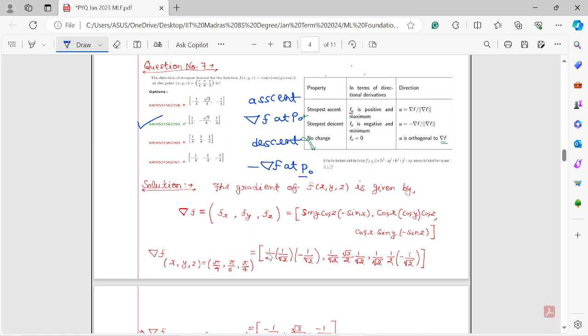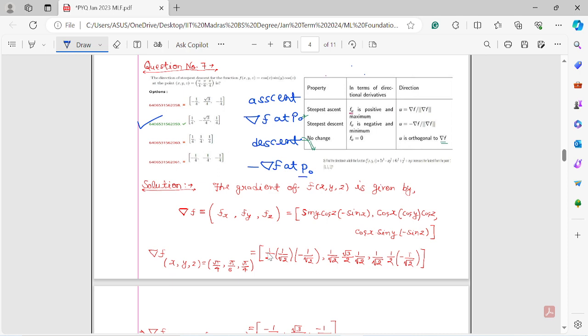And if there is a property that it is steepest descent, then the directional derivative at point u is negative and minimum, and the direction will be minus del f upon modulus of del f. And if there is no change, then the directional derivative at u will be 0, and this implies that u is orthogonal to del f.